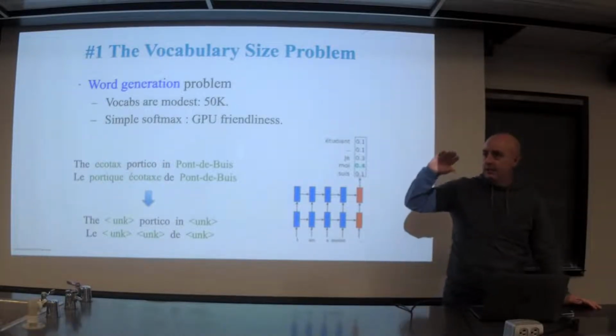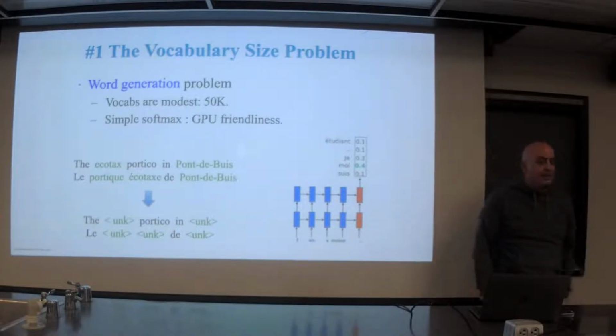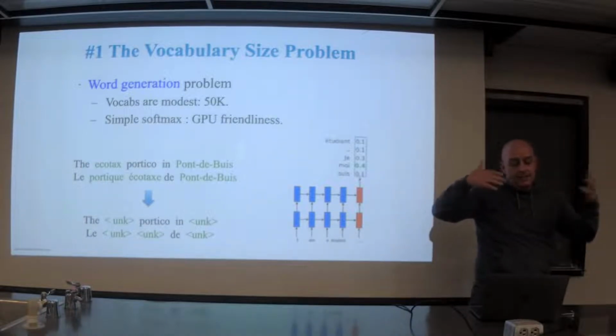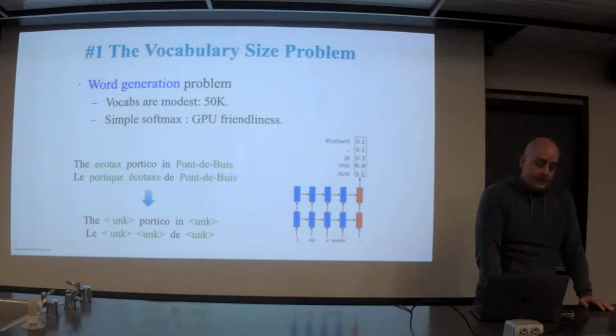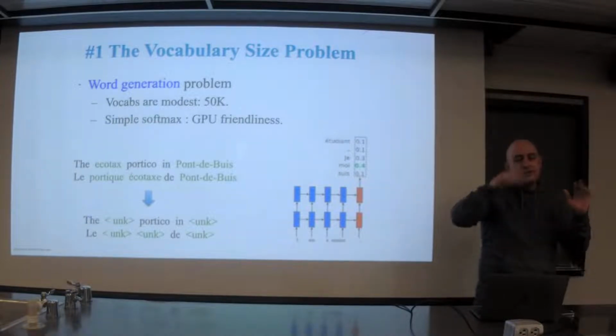So we can just look at the corpus, all the text that we have in this English to French translation. If we're translating from French to English, we look at all the French words and create a histogram of those.